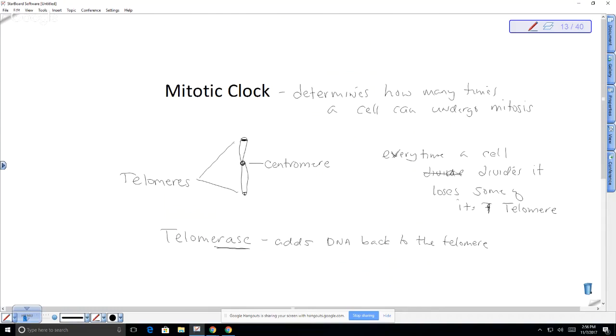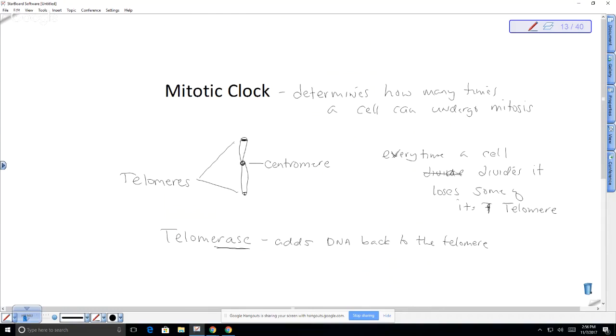The cells that give rise to your egg and sperm have this turned on, right? Because you don't want the egg and the sperm having shortened telomeres, because that will shorten the lifespan of your offspring. So it would be turned on in cancer cells and cells that give rise to egg and sperm. Is it something synthesized? This is something that our body creates.